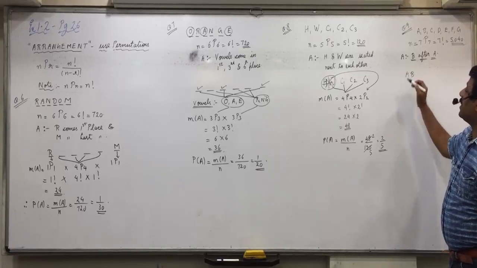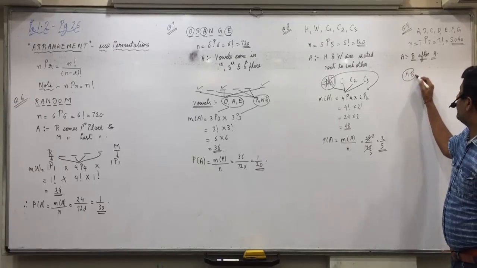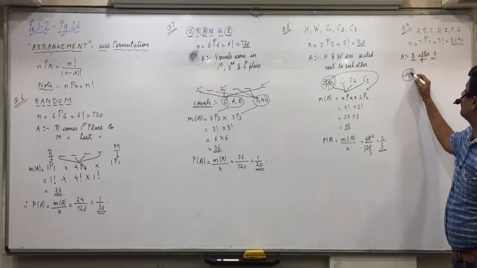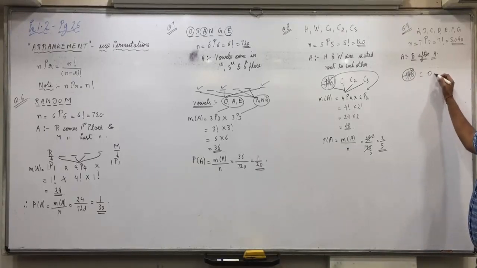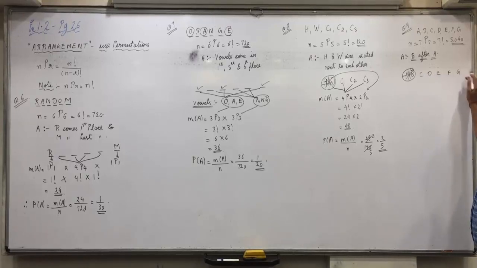B delivers after A, so tie them again with a string. And then remaining C, D, E, F, G.